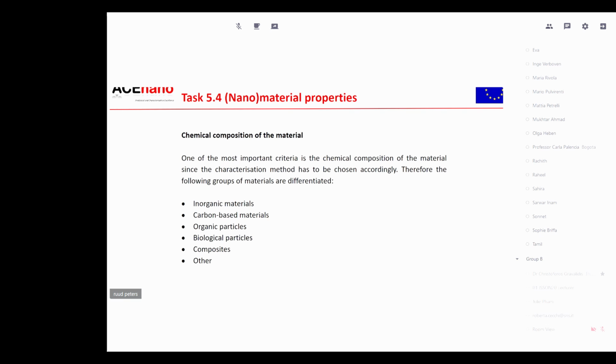And therefore, we have again made different groups. It may be inorganic materials, carbon-based, organic materials, perhaps even biological materials which you're looking for. It may be composites, so materials composed of two different materials, or it may be even something other, which I don't know what that could be, since many are already mentioned here.